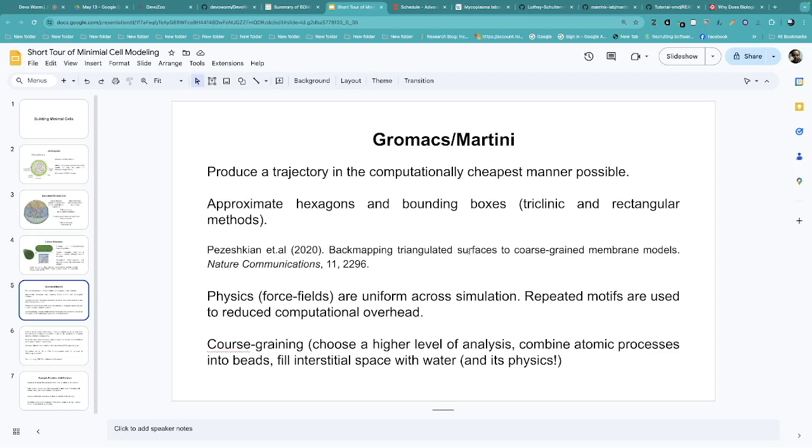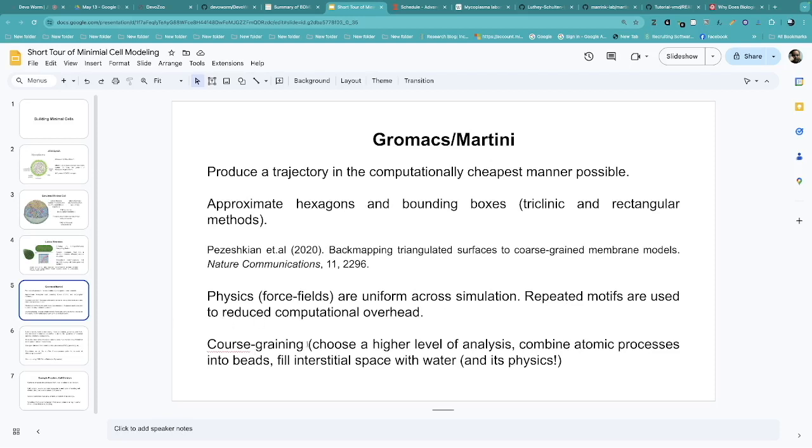We just want to know what's going on in this little volume. So we use physical force fields to simulate things like water and interactions of proteins. You'll use repeated motifs, which cuts down on computational time. If you have a bunch of triangles doing the same types of things, you might use that as a single unit in your computation.